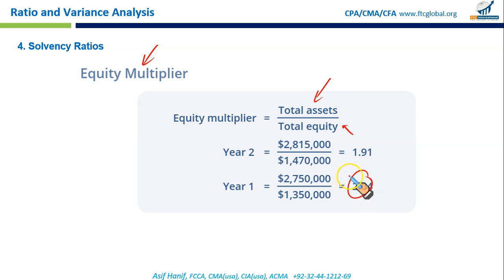The larger multiplier in year 1 suggests that the company used more debt compared to year 2. But look at year 2. It's 1.91. This means for every $1 of equity, the company has 1.91 in total assets. The difference between the assets and equity, as you can see, 2.815 less 1.47, is funded through debt. So you may say that we are now less leveraged, or in other words, debt is now a comparatively smaller part of equity. That's exactly what all the previous ratios are indicating, that debt is proportionally less.